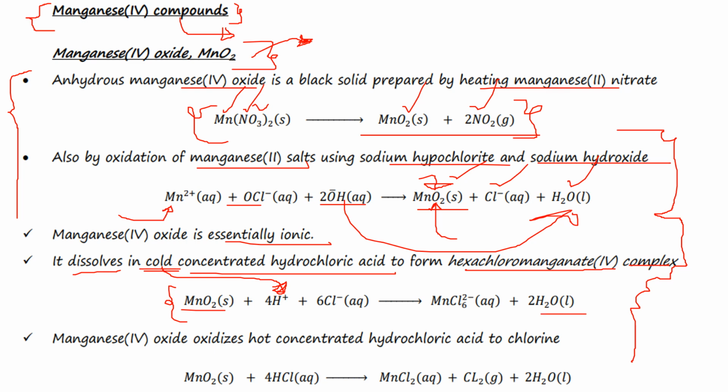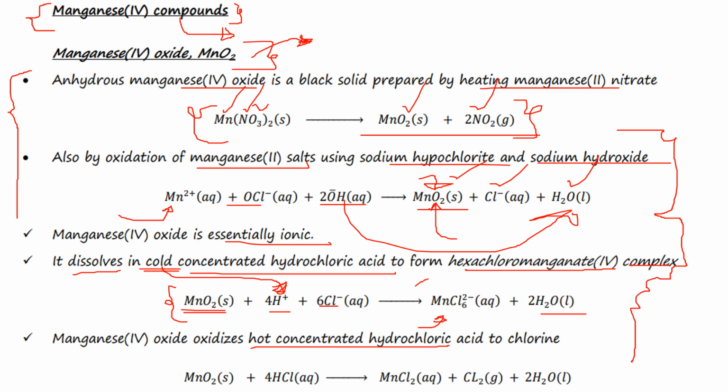What we do is ionize the acid, since we are interested in the ions present in the hydrochloric acid. We don't take hydrochloric acid as a whole. We only take it as a whole when you're dealing with hot concentrated hydrochloric acid, which I'm going to talk about in a second. So when you have manganese oxide, you ionize the cold concentrated hydrochloric acid, and you form the hexachloromanganate(IV) complex.